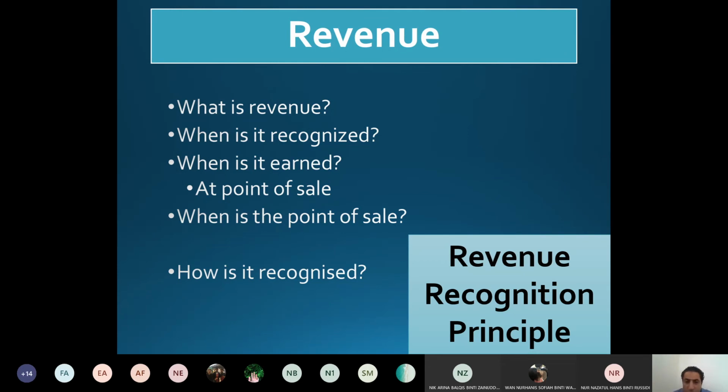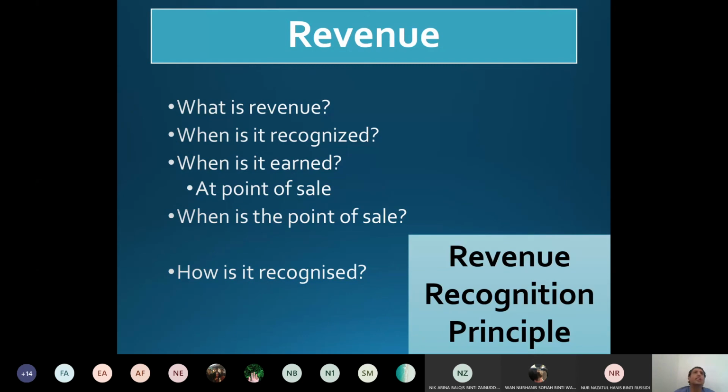Accrual principle means we have 2 accounting bases for recognition. One is the cash principle, and the second one is the accrual principle. The accrual principle says that we can recognize the revenue even before we collect the cash. The reason? Because we already sent the goods to the customers.